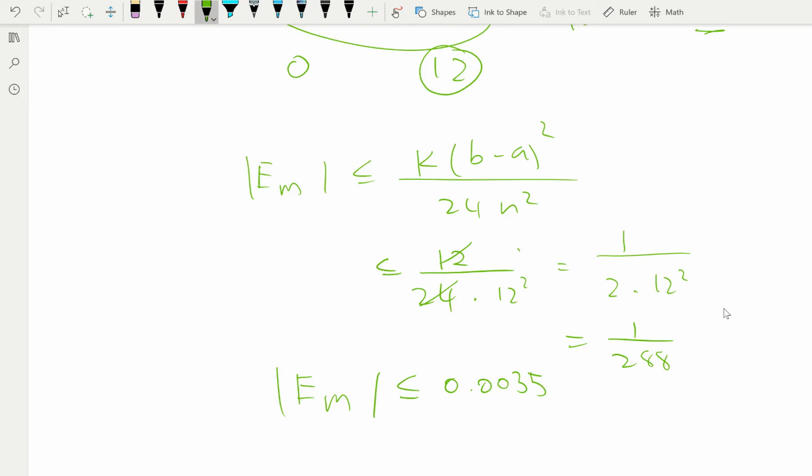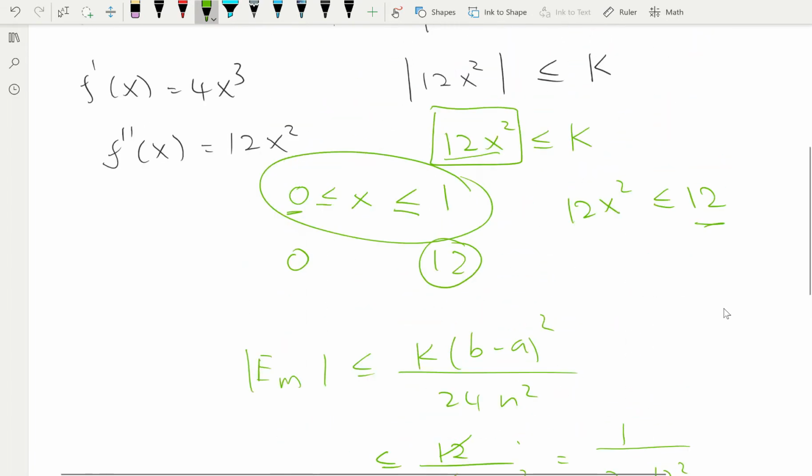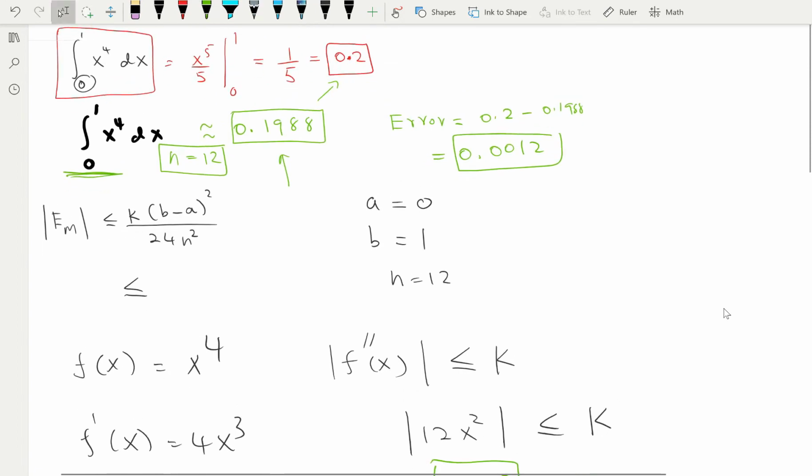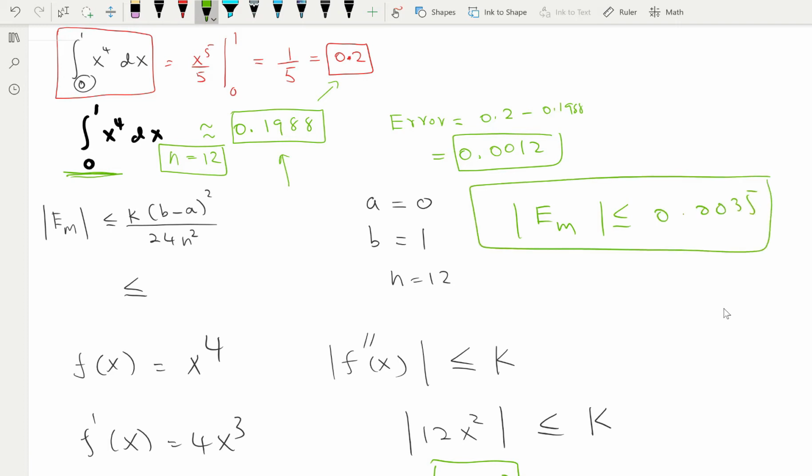0.0035. Okay, so what does this represent here? How do we fit in 0.0035? The error bound said 0.0035, but we know the actual error is 0.0012. What's the connection? Did you expect both of them to be the same?